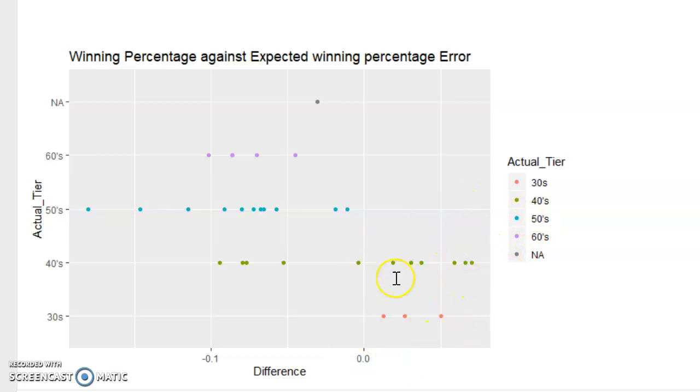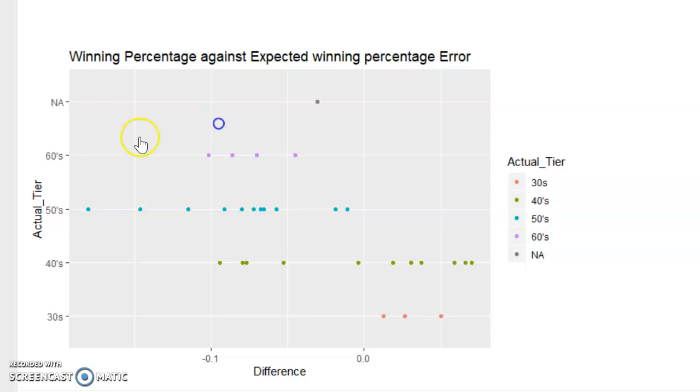So those teams were profitable over the course of the year. And even for this NA up here, you'd assume maybe they had a higher difference because Vegas judged them to be worse than they are, but they actually performed much worse. So they netted a negative. The same goes for teams that did really well in their 60s range.